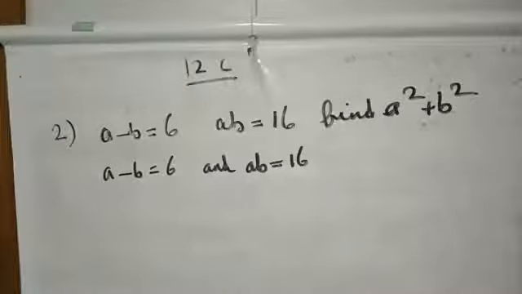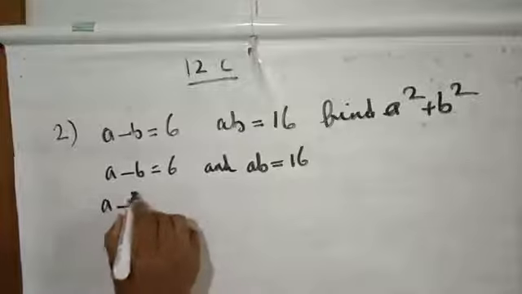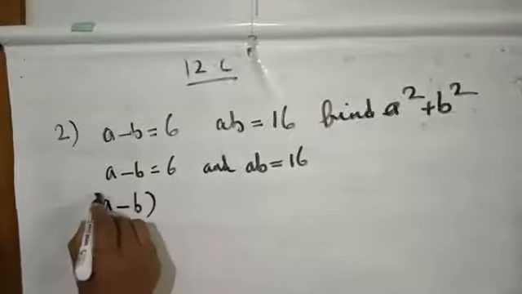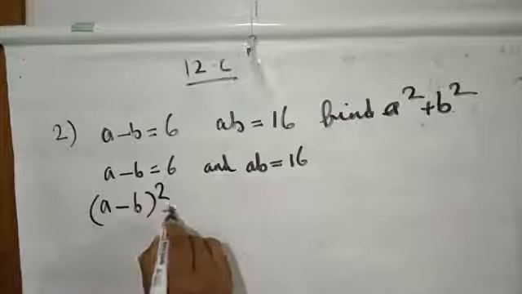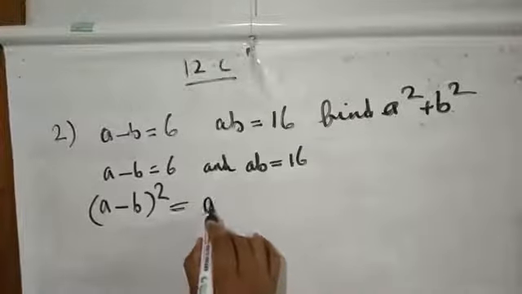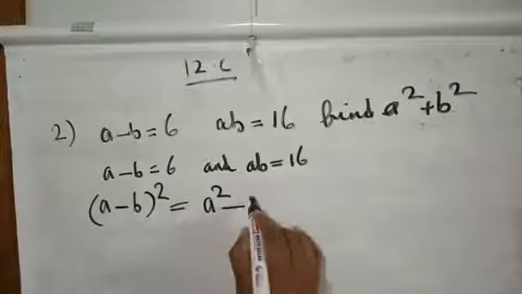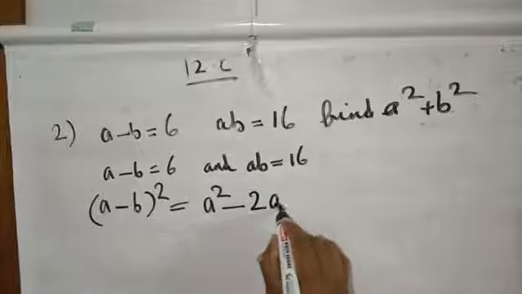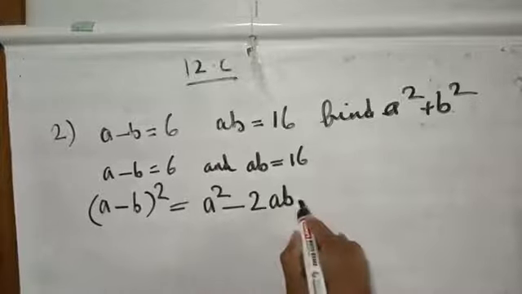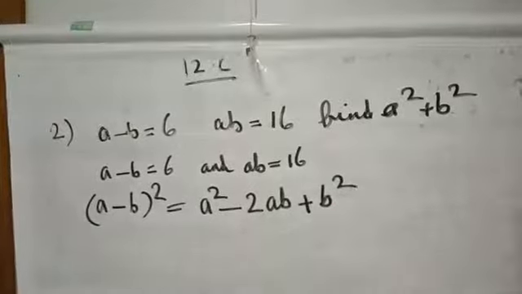And we know that the expansion of a minus b the whole square, because here a minus b is given. So first you have to write the expansion of a minus b the whole square. What is a minus b the whole square? A square, first term square minus 2 into first term into second term plus second term square, isn't it?